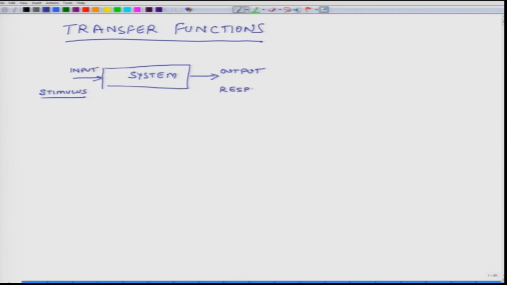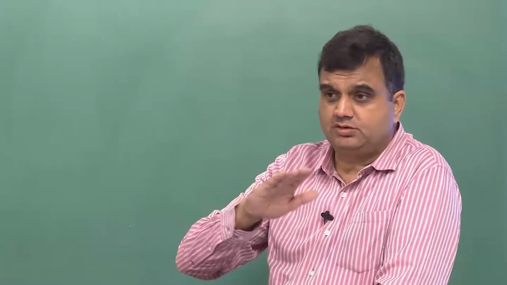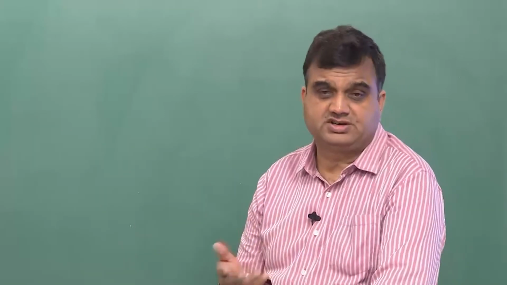So, the output is in the form of some response. For example, there is a cantilever, a very simple system. I apply some force, that is my input, and the response will be that the beam or the cantilever is going to deflect. So, the response is deflection.